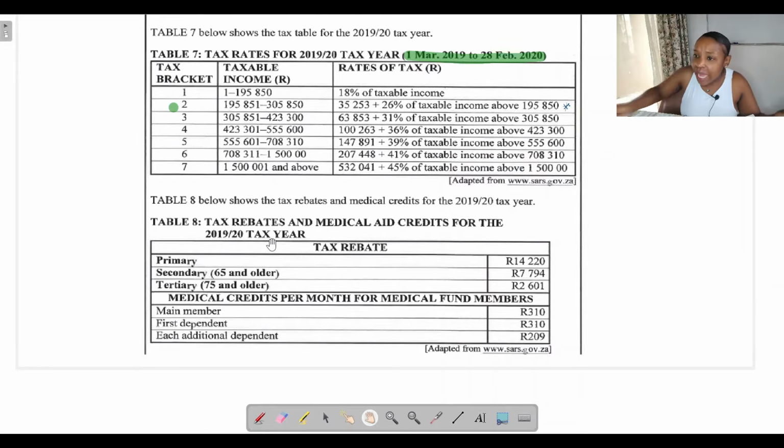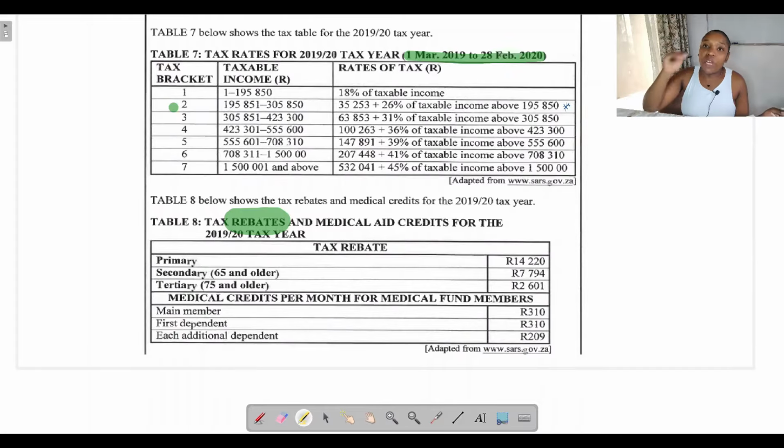Before we get started, guys, what does the word rebates mean? One thing about finance is we cannot take the terminology for granted. If you're not understanding what the term rebate means, you'll find that in some questions that are coming, you are going to be confused because you didn't understand what the term means.